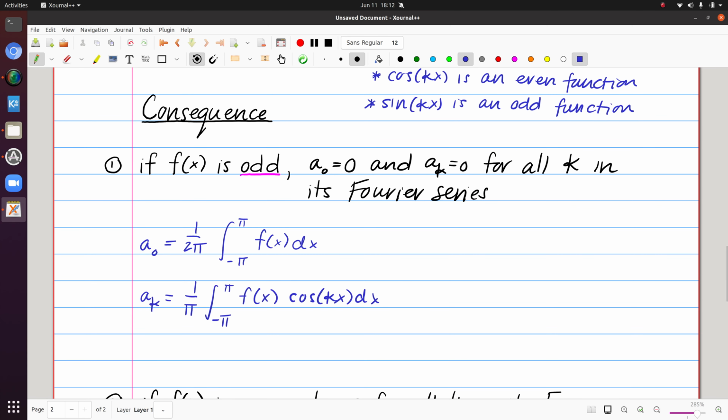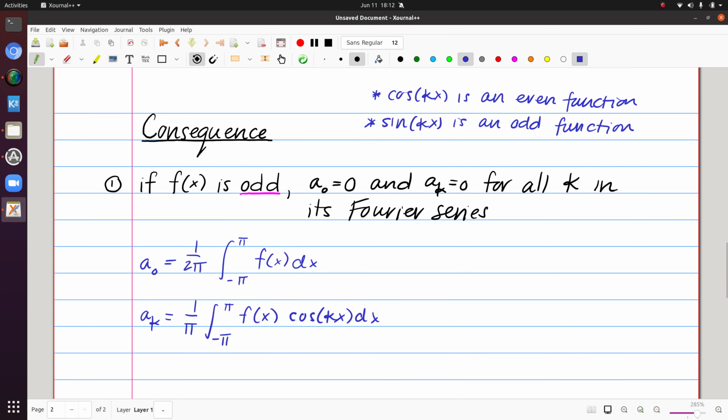So what I have here is the integral of a product. I'm taking an odd function and multiplying it by an even function. Consequently, this whole product is an odd function. That's what we established above. And again, the integral of an odd function is 0.